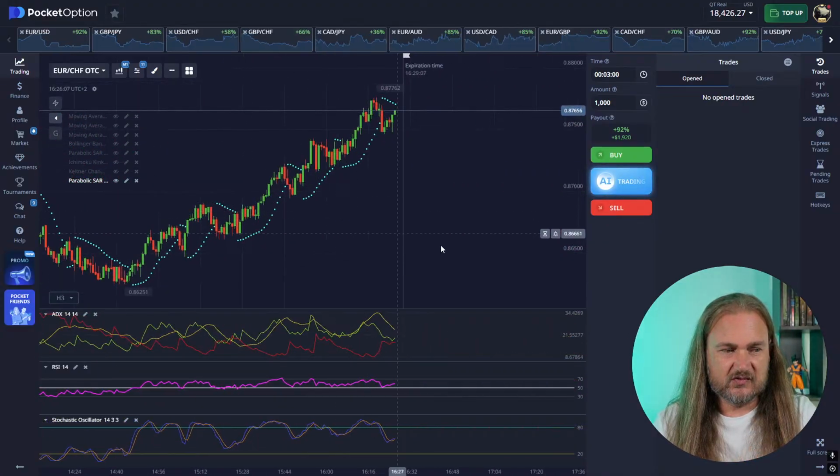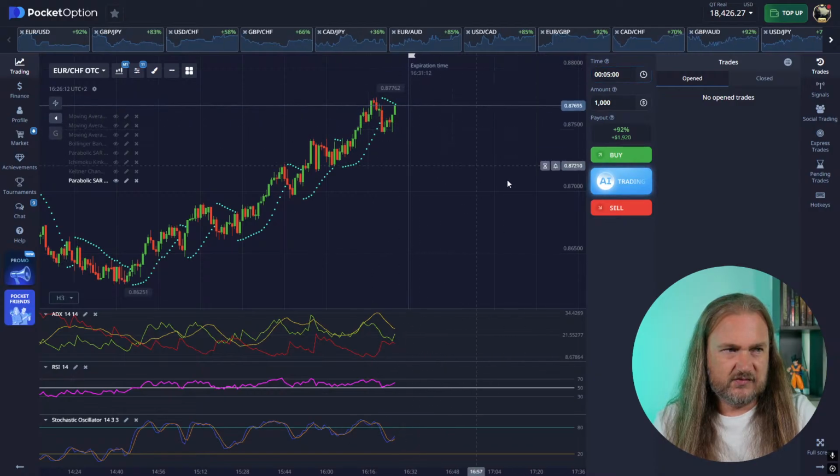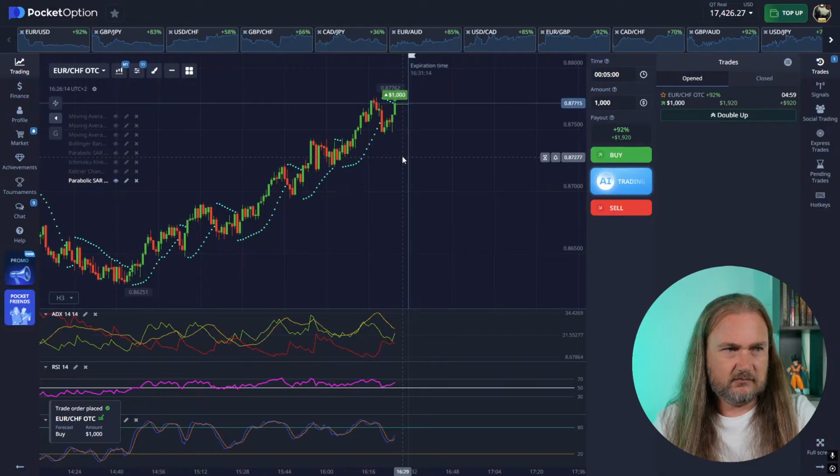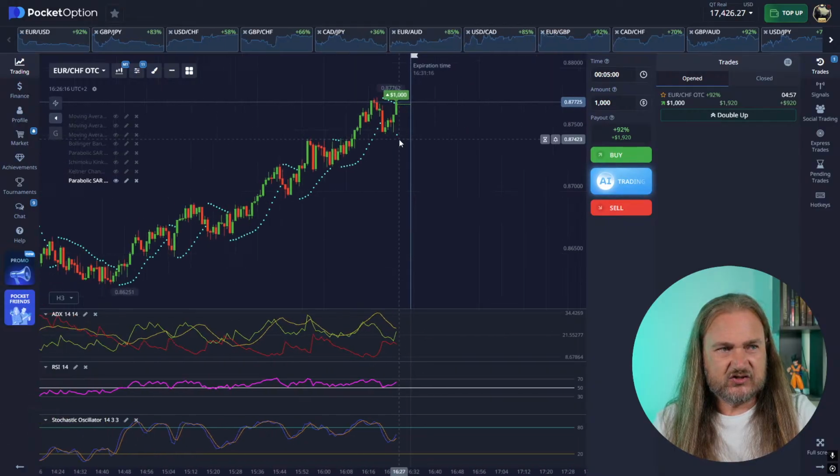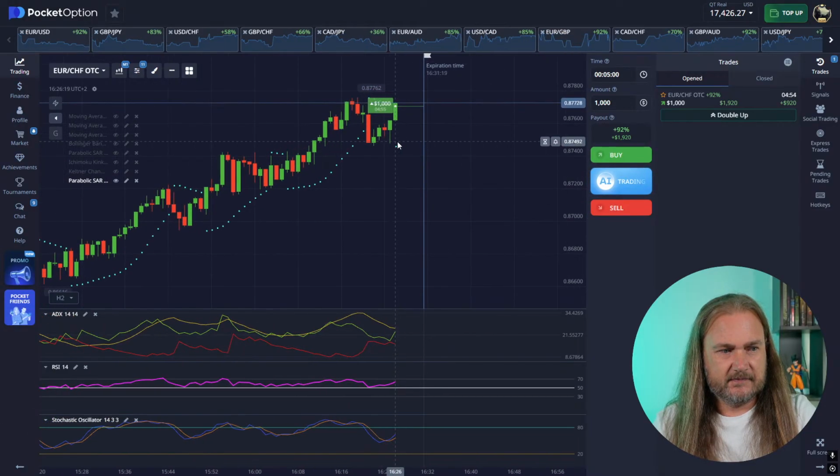The bullish move continues. Looks like we're going to get a, I'm going to do a 5-minute buy on this. My parabolics just switched. We had the flip. We can see here we had the flip.